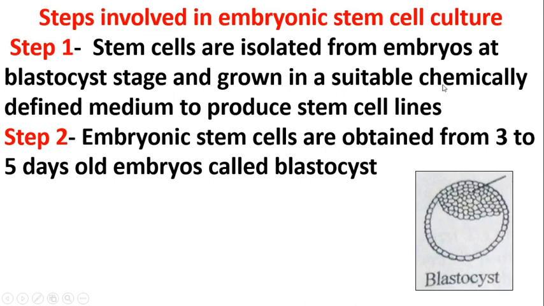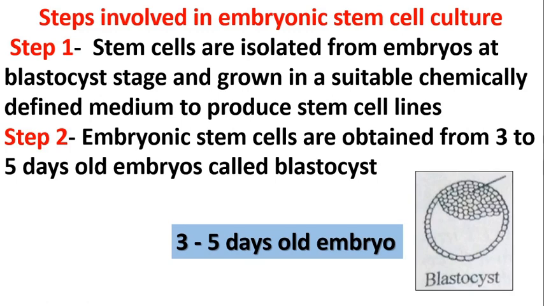They are then grown in suitable chemicals to produce the stem cell lines. So for this, what type of cells do we have to take? I mean, what should be the age of the embryo? The embryonic stem cells are obtained from 3 to 5 days old embryos. Okay? A 3 to 5 days old embryo can be used.